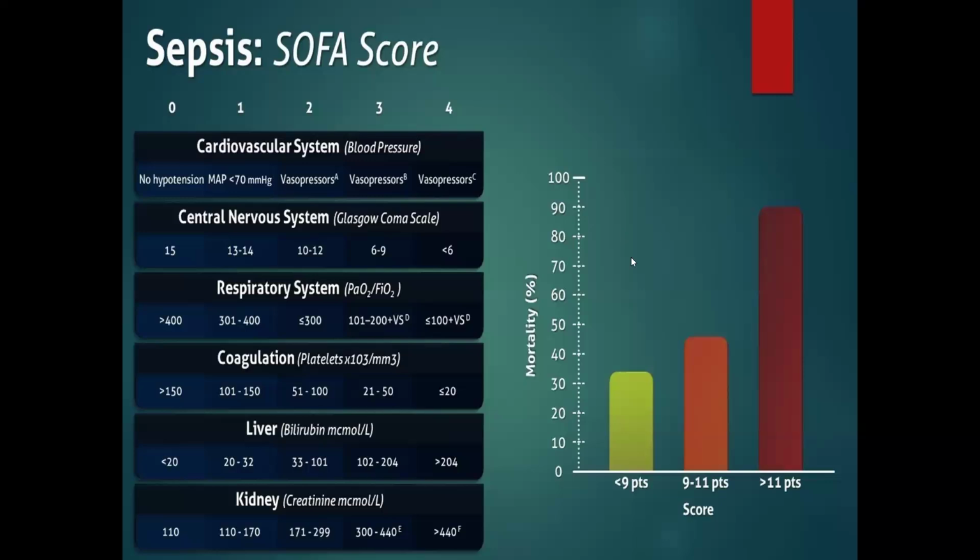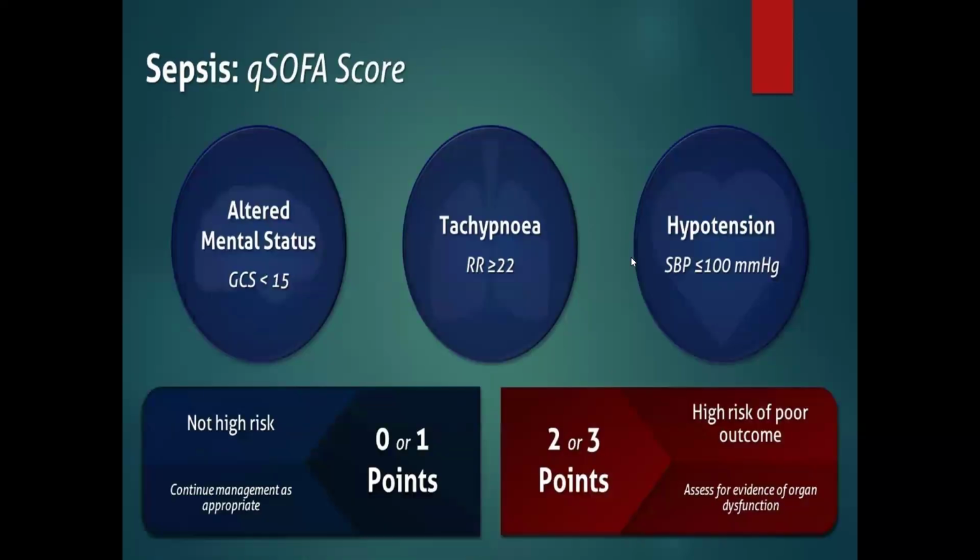Look at this. qSOFA is basically 3 items, and it's a shortened version of the SOFA score. There is a lot of controversy about this one, but it's a simple one. I wanted to teach you how to do it, but it's not very reliable.